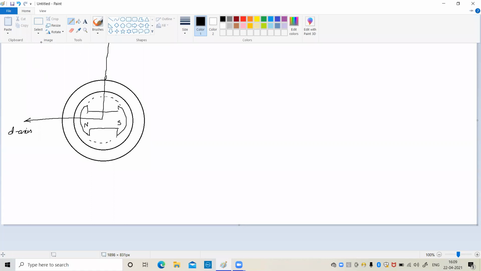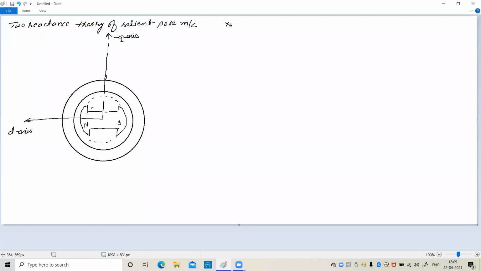The air gap along the direct axis is very small as compared to the air gap along the quadrature axis, and hence it offers different reluctance along the direct axis and quadrature axis. So therefore, there will be two reactances, one along the direct axis and second along the quadrature axis.